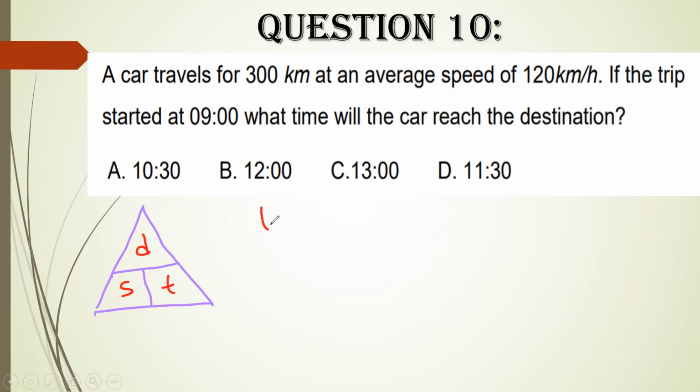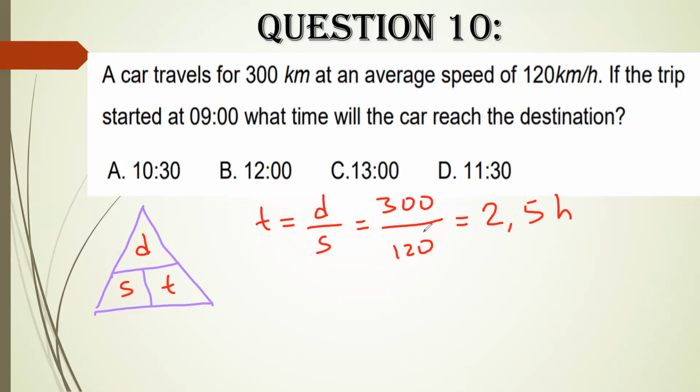So time equals distance over speed, and distance equals 300 over speed 120. 300 over 120. What are we going to get? We can use our calculator. I don't know, sometimes you can use a calculator, sometimes you cannot in your exams, but I'm using a calculator now. So 2.5 hours. Okay, 2.5 hours we are getting for time.